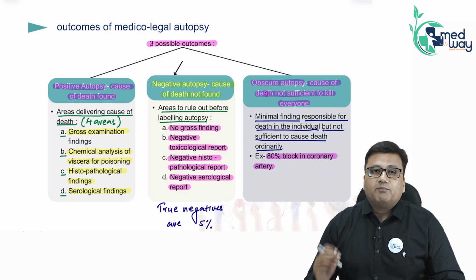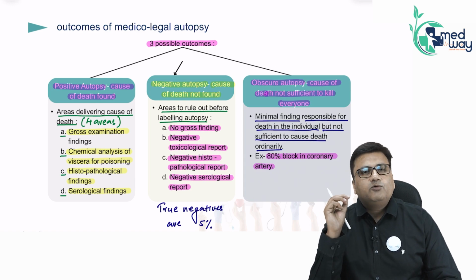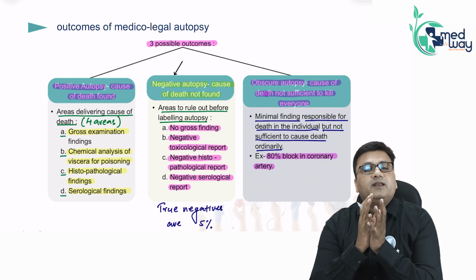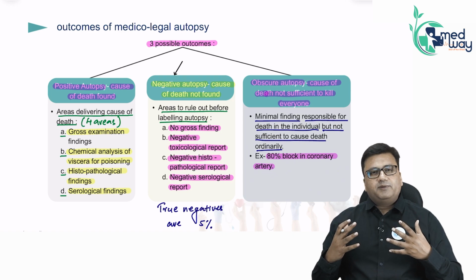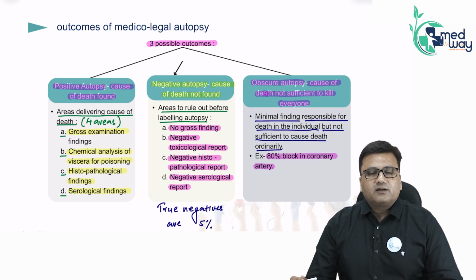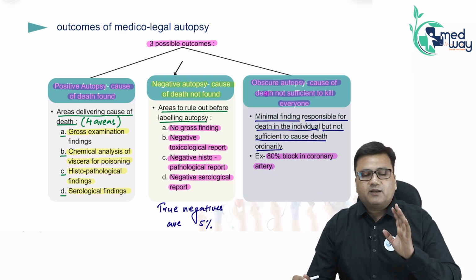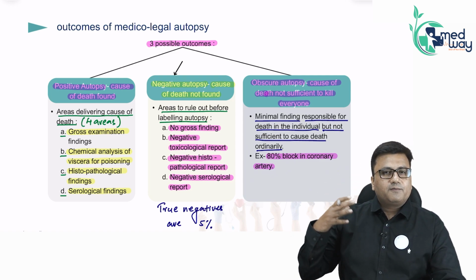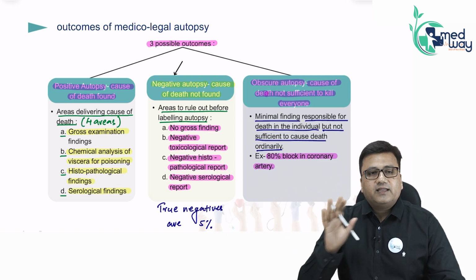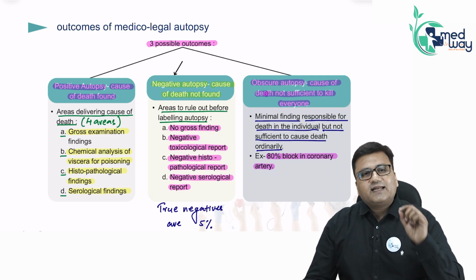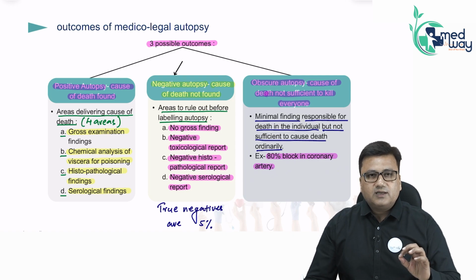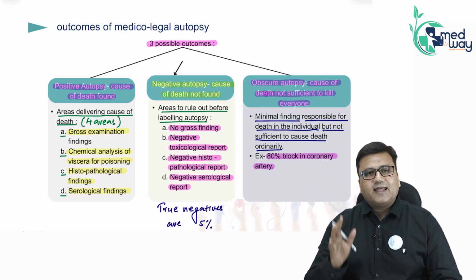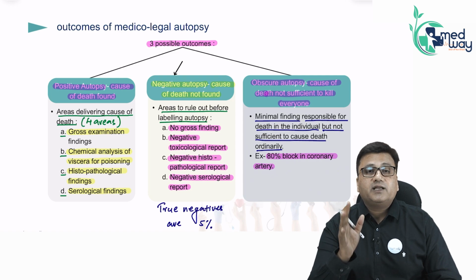coronary artery. But there are so many people who may develop 80% blockage of the coronary artery and they never have myocardial infarction in their lives, because by the time that blockage happens, simultaneously collateral circulation develops very well and they keep on living till their end of life and they never have MI, which means an isolated finding of 80% coronary artery blockage, is it sufficient to kill everyone if it is present in number of people?